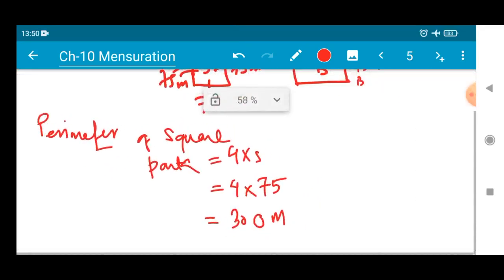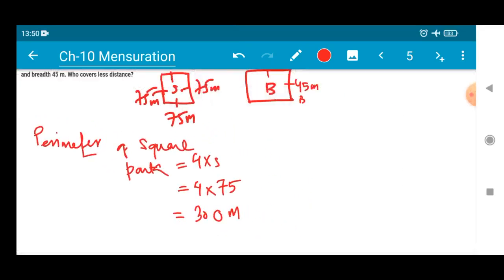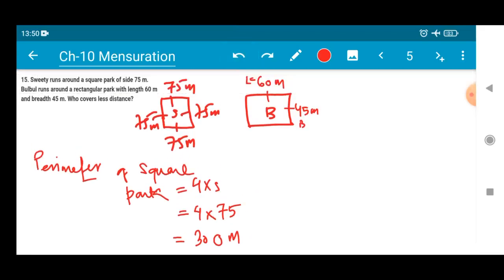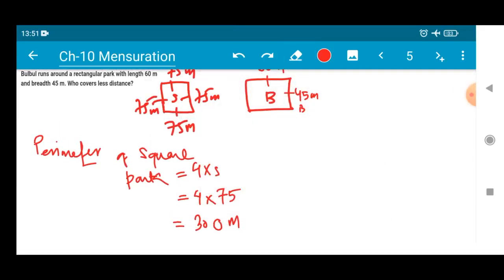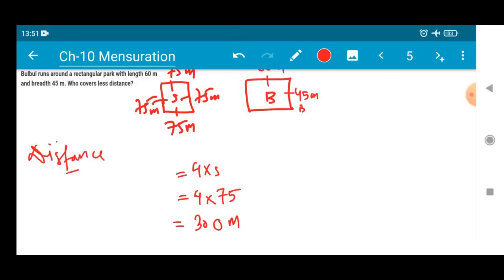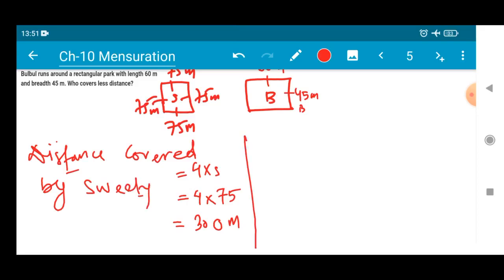Okay, 300 meter is the perimeter of the square park. And this is the total distance that Sweetie has covered. So instead of perimeter I can write it as distance covered by Sweetie.